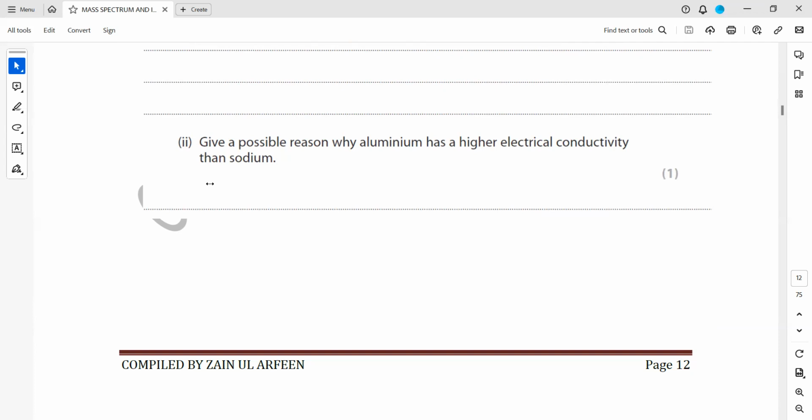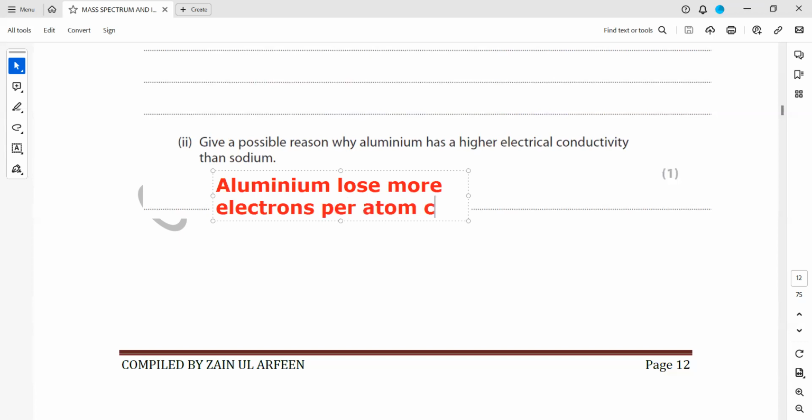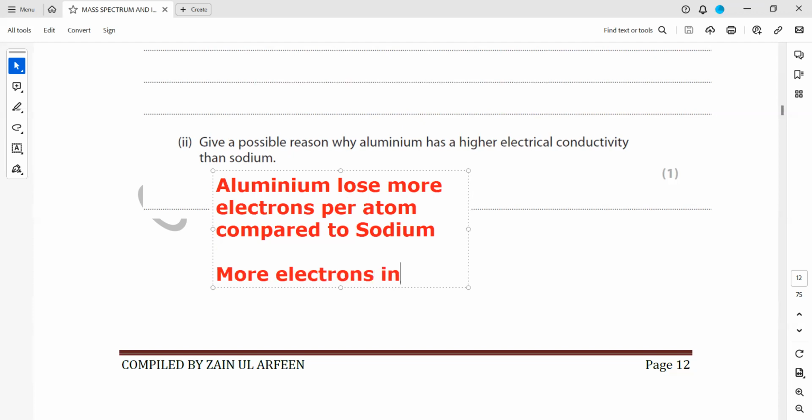So aluminium loses more electrons per atom compared to sodium, and as it loses more electrons, it has more electrons in the structure. That's why aluminium is a better electrical conductor than sodium.